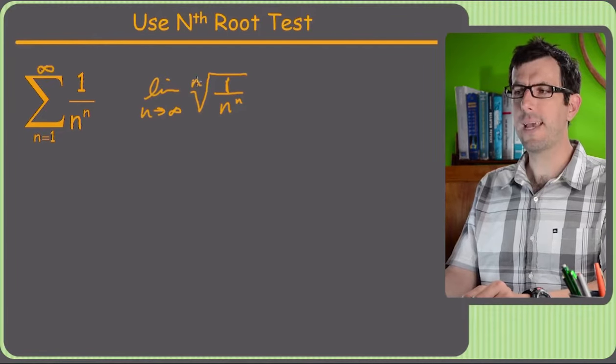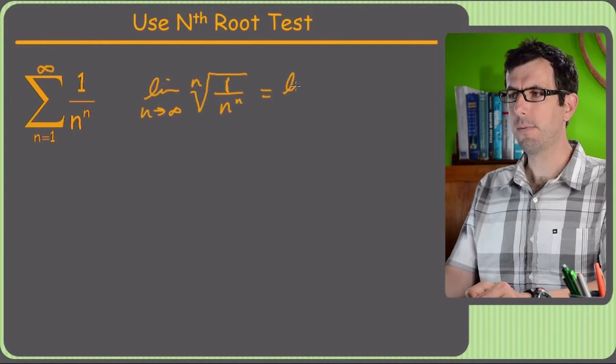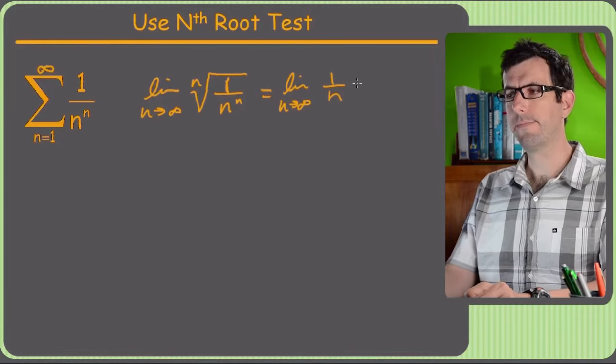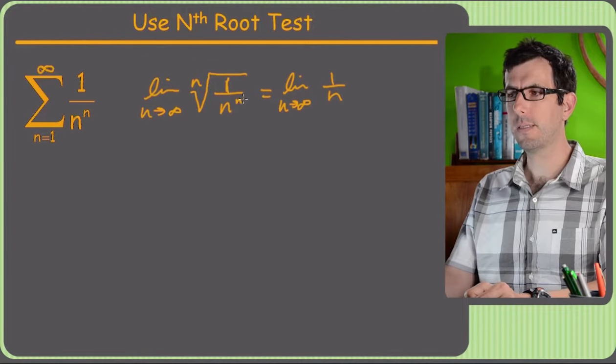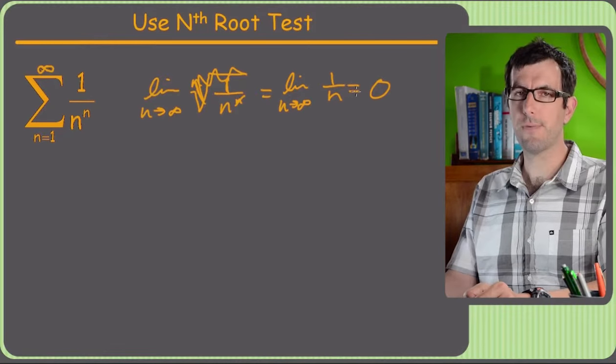So what happens when we take the nth root of something to the nth power? They cancel, right? So you end up with the limit as n approaches infinity of 1 over n, because the n here cancels the whole root out. And of course, the limit of this as n approaches infinity is 0.